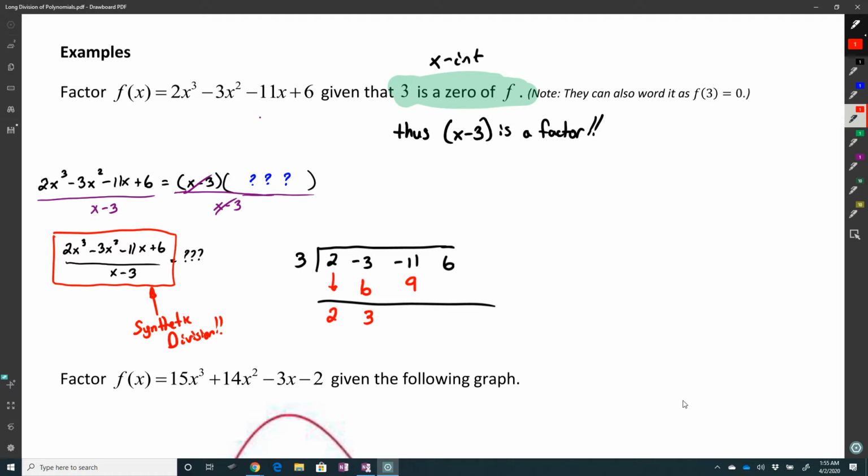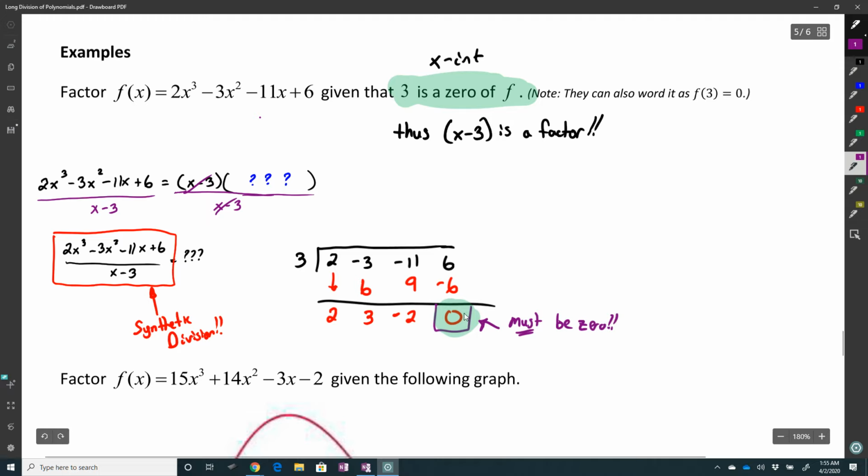Negative 11 plus 9 is negative 2. Negative 2, negative 6, 0. So 3 is a 0, thus it's a factor. I know that I have to get 0, because I told you that it's an x-intercept, so I have to get 0 as my answer.